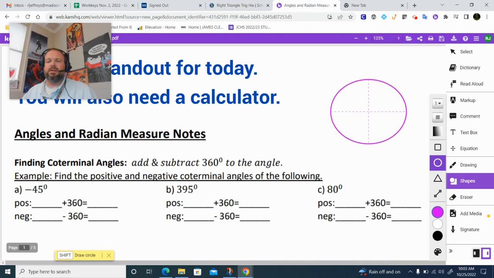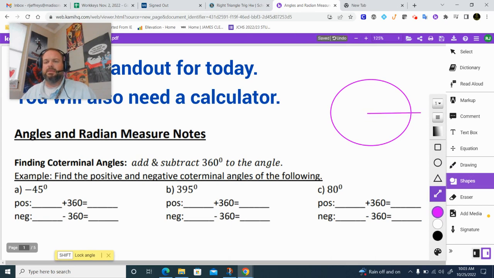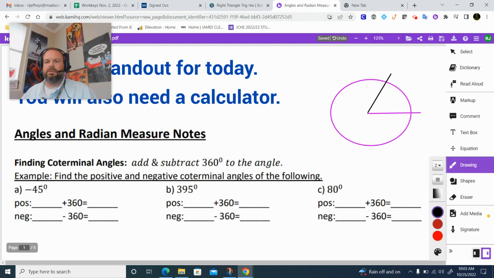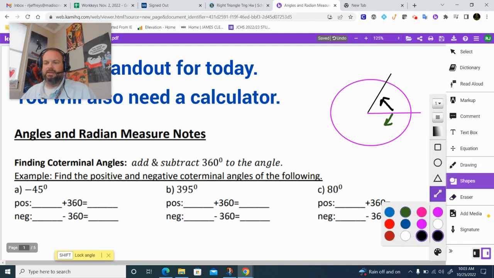If we had a circle like so, and we had an angle right there, and we were to go this way counterclockwise, then we would also have an angle that, if we went this way, would end up at the same spot.